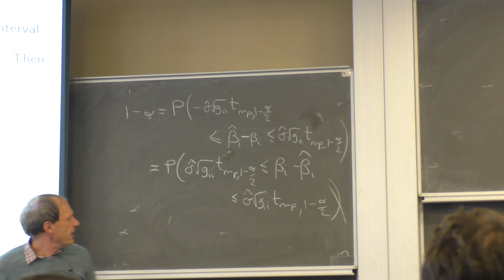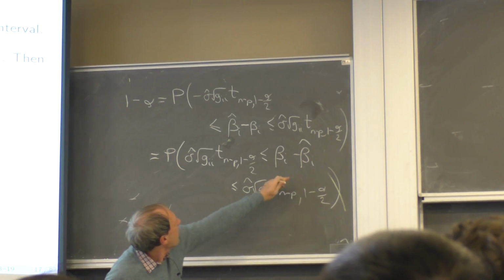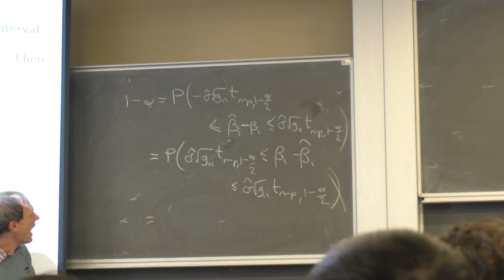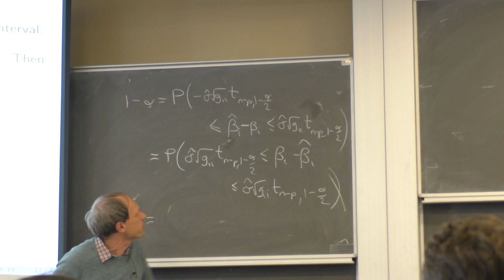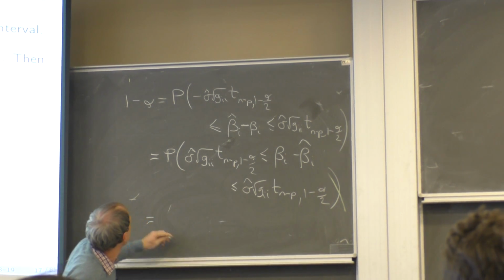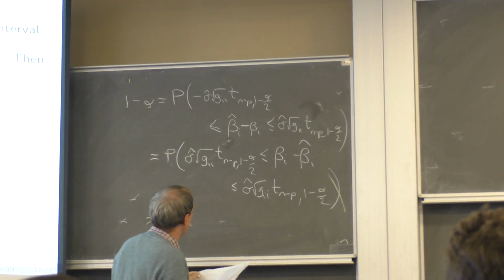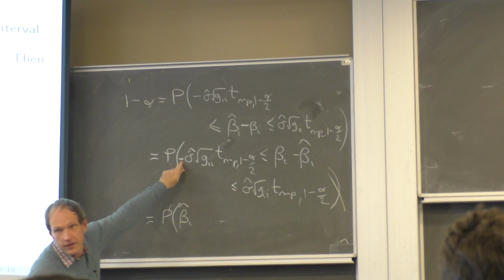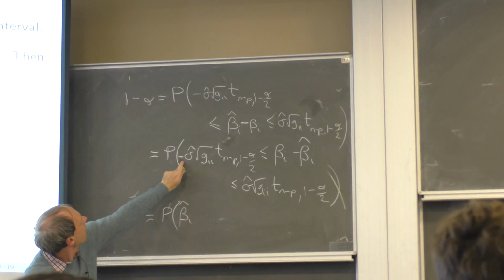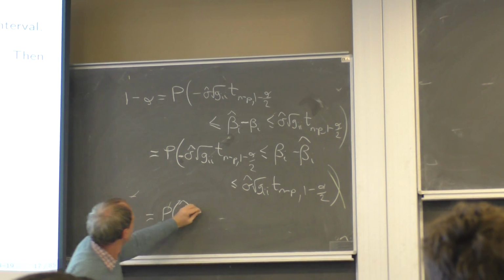Now if we add beta i hat to all parts of the inequality, so this bit, this bit, and this bit, we get, sorry, there should be the minus sign there, at the beginning of the second line, minus sigma hat.